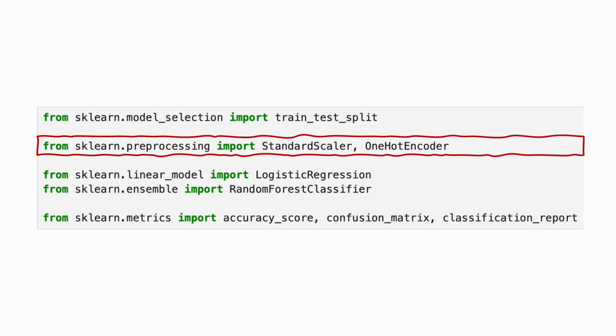OneHotEncoder is for handling categorical features. It converts categorical data into a numerical format that machine learning algorithms can understand.